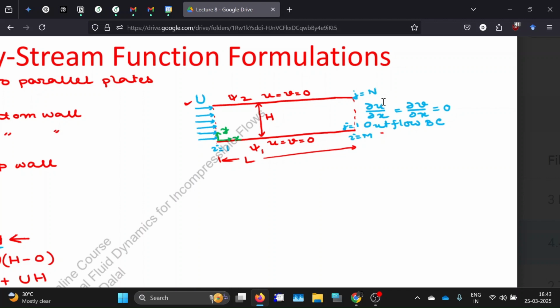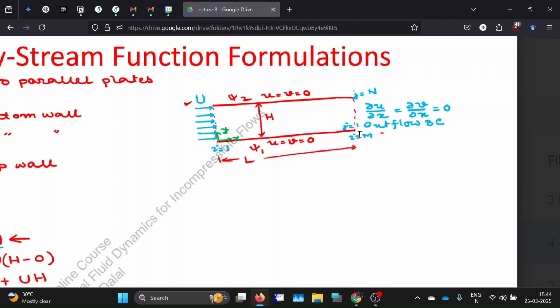If you fix a y coordinate, then u is not changing in the x coordinate. That's what is meant by whatever is coming, the same is going. So if you took two different cells, one exactly at the boundary and one layer of cells just before the boundary, then the velocities in both layers of cells will be the same at each y location.